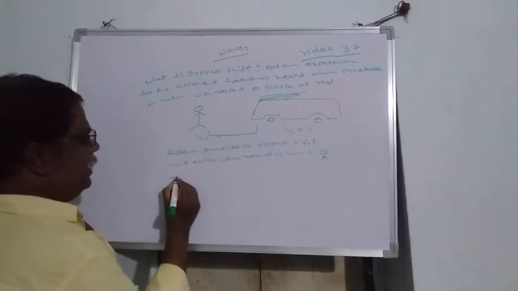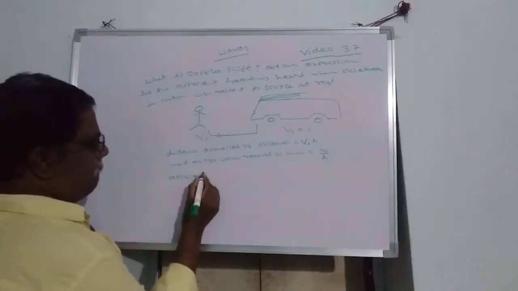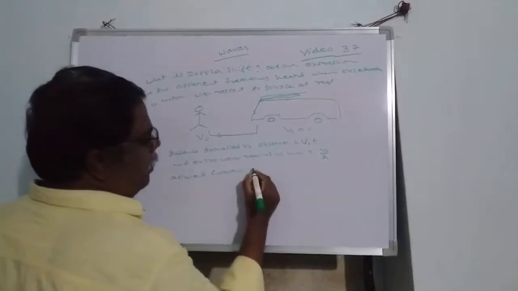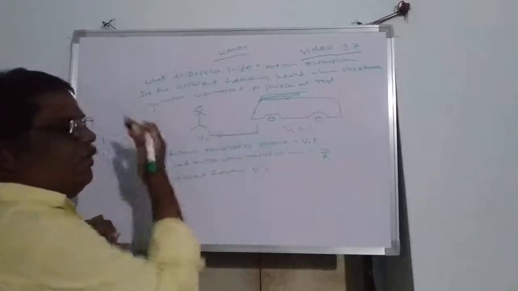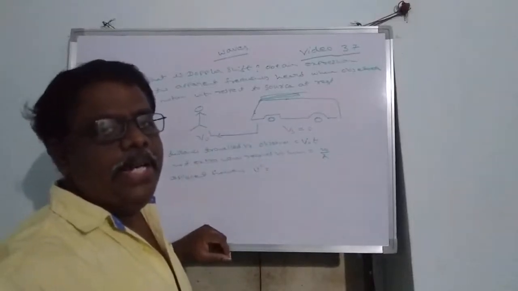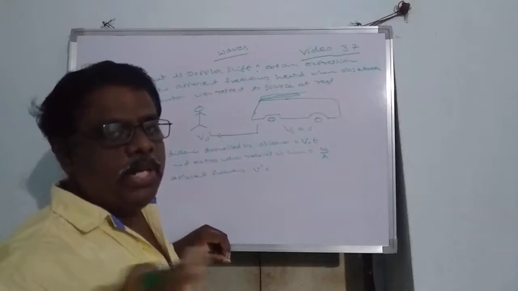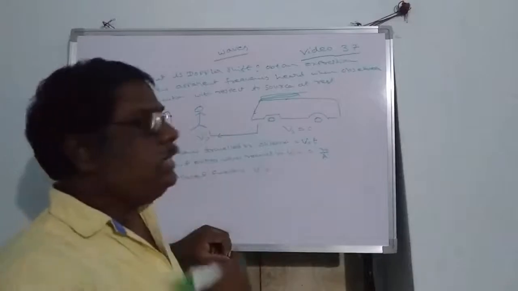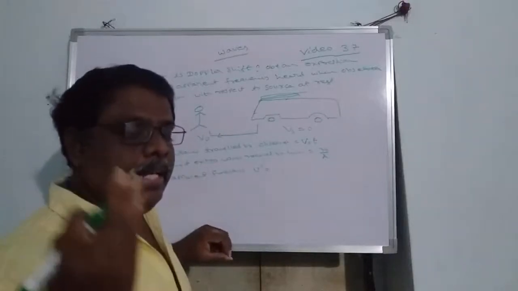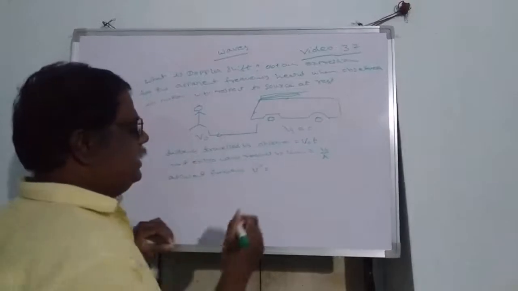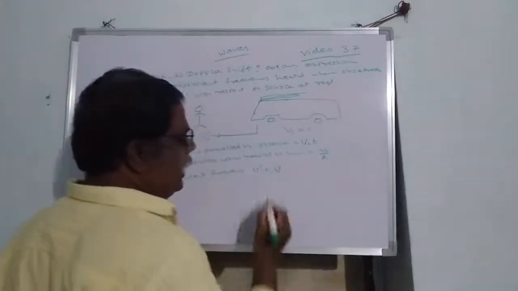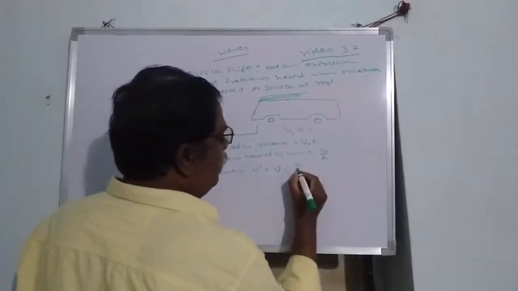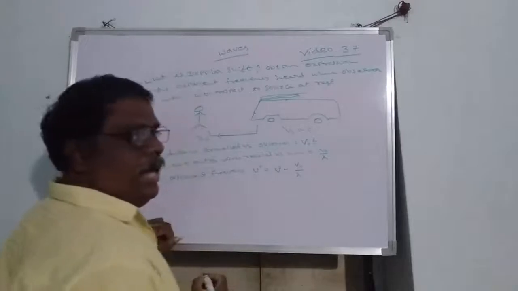Now the apparent frequency, mu double dash: when he is moving away, the frequency decreases. When he moves towards the source, the apparent frequency increases. Suppose he is moving away from the source, the apparent frequency decreases. So how much does it decrease? From the actual frequency we subtract, minus sign, the number of extra wavelengths, V naught by lambda.